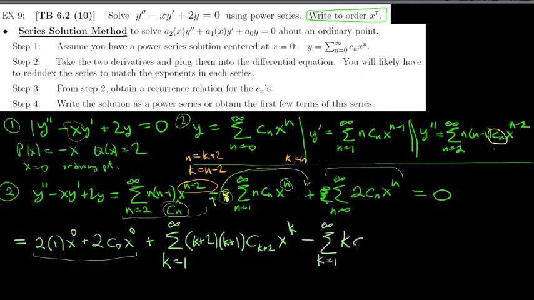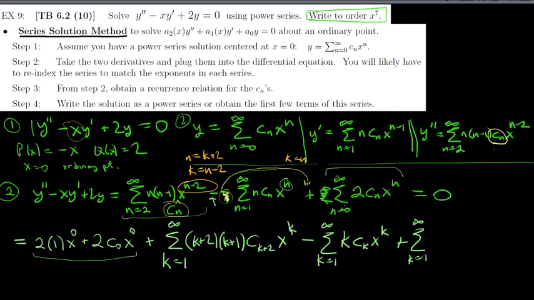So this will just be k times ck times x to the k. So not much going on here. Plus, and then again, k starts at 1 to infinity. Remember, we already took care of this c0. That's over here on the left, this 2c0x to the 0. So we already have that.